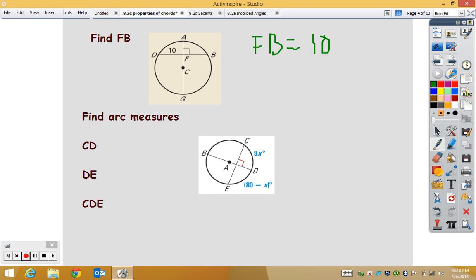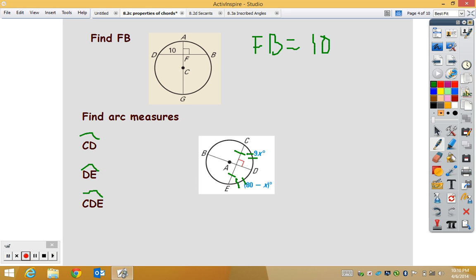And in the second one we want to find arc measures. These should all be arcs. So arc CD and arc DE are congruent because, again, we have a diameter that is perpendicular to a chord, so it bisects the chord and the arcs are congruent.